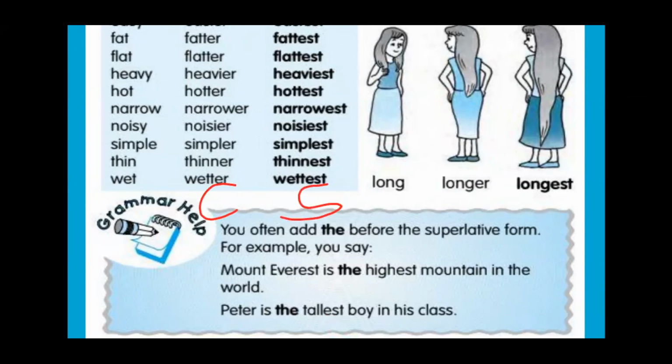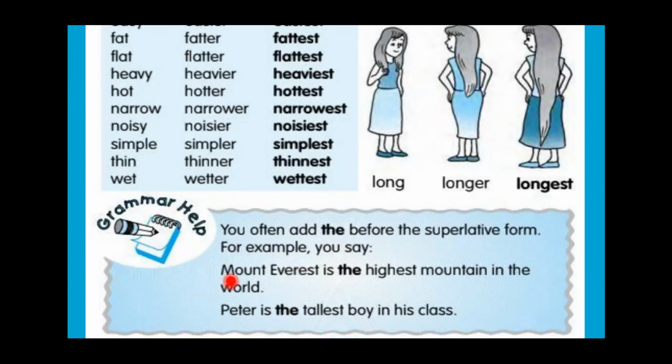Now in the comparative form, what did we add? Taller than, shorter than, sharper than. The word than. Now for the superlative form, which word are we adding? You often add the before the superlative form.